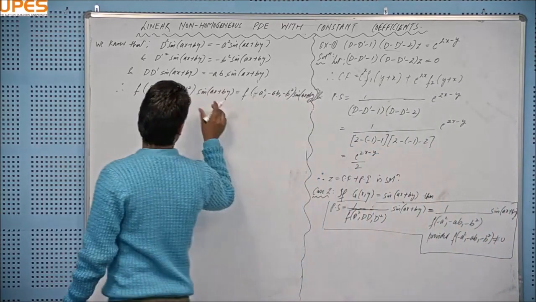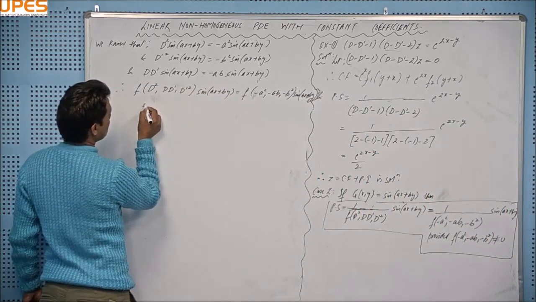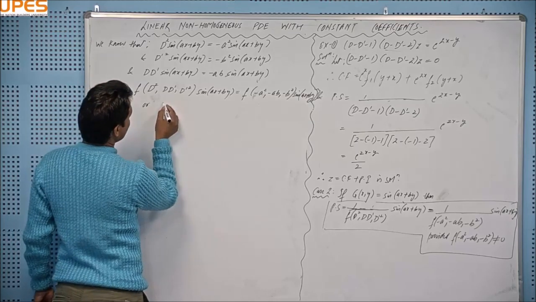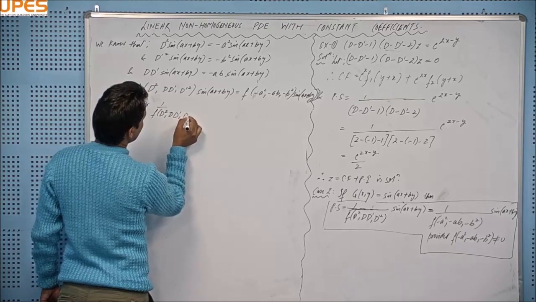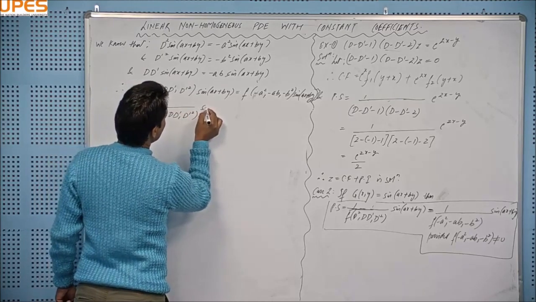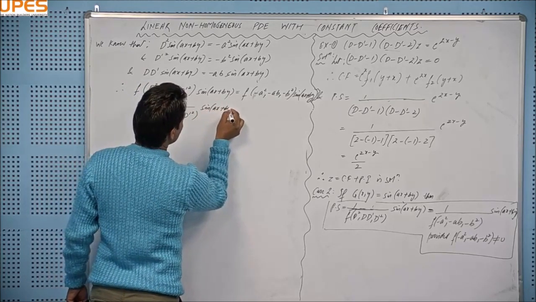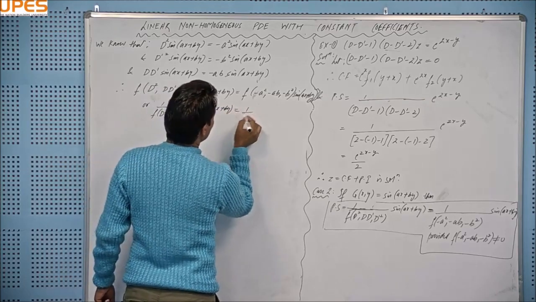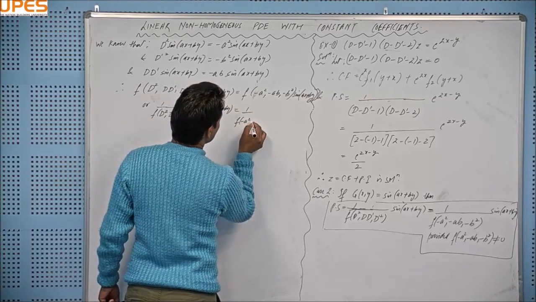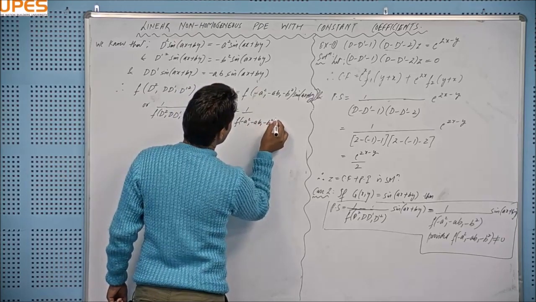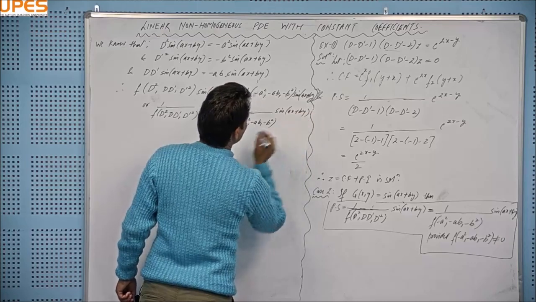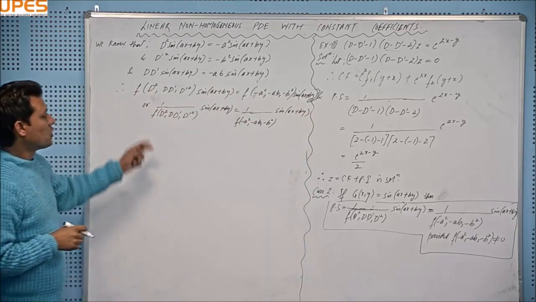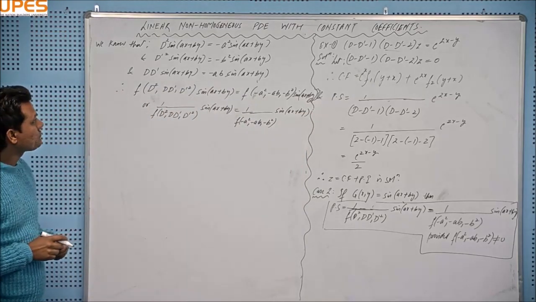So now if you bring this operator here, that will give the same result. So 1 upon f of D square, D D dash, D dash square of sine ax plus by is equal to 1 upon f of minus a square, minus ab, minus b square, of sine ax plus by. This is a small proof for that, right?